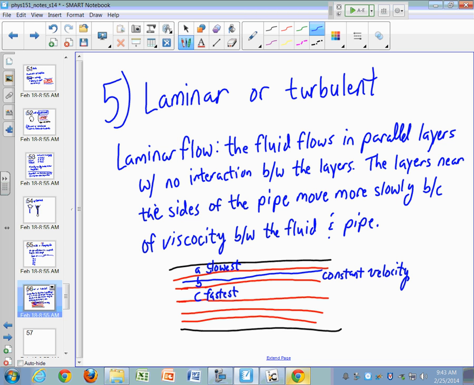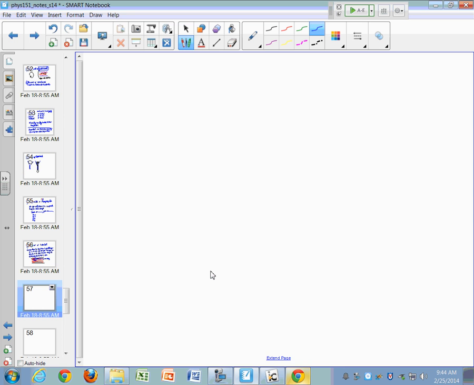Now let's look at turbulent flow, which is characteristic of what type of fluid flow in the body? Where is the most turbulent fluid flowing in the body? Right, the heart. So in the heart, you have a lot of turbulence. You don't have this laminar flow.